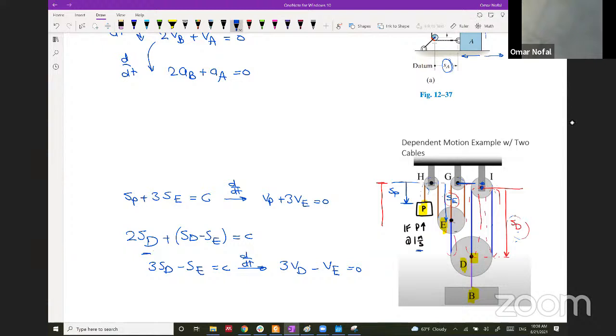I have VB, it's 1 meter per second, and it's going up, not down. I measure the VB down, so this will be negative. So let's get VE based on this equation. So these are the equations that I will be using.